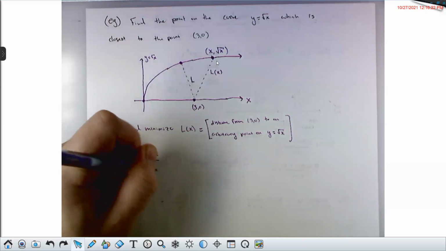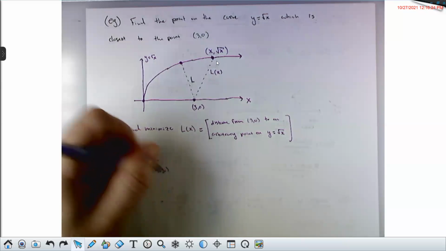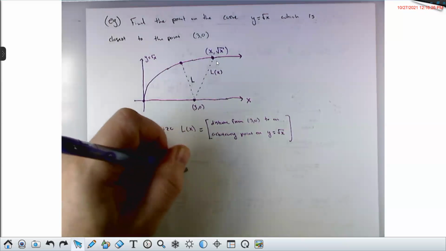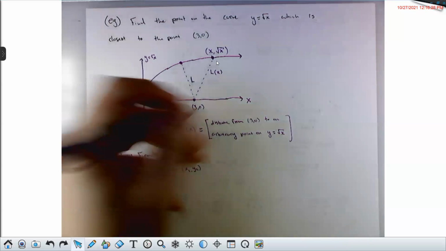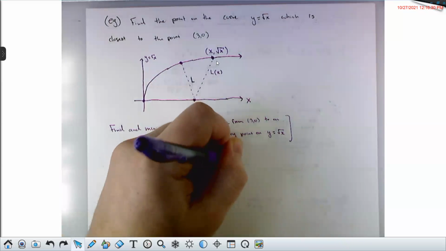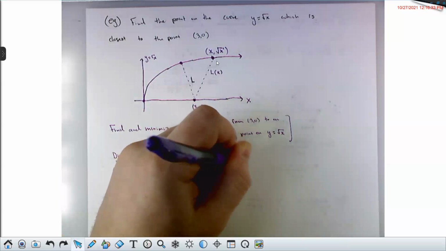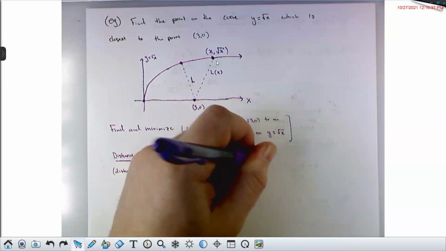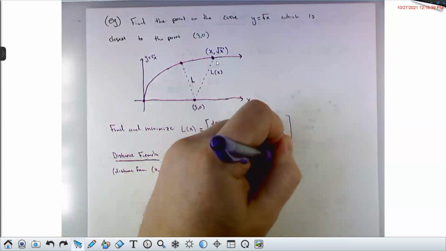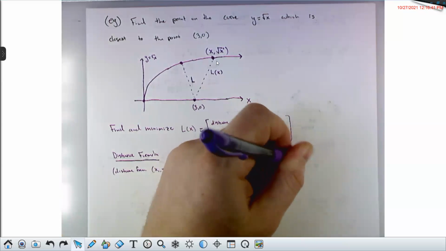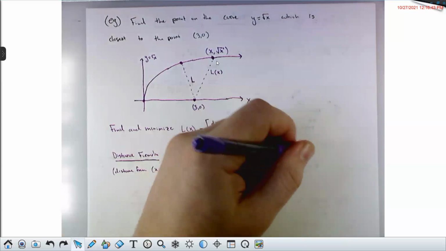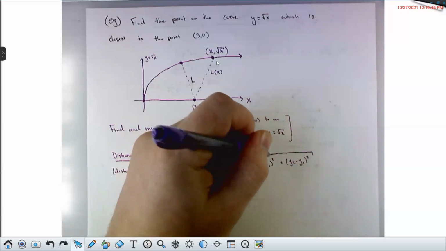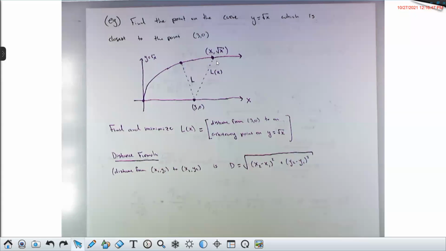So the distance from x1 comma y1 to x2 comma y2 is d equals the square root of x2 minus x1 squared plus y2 minus y1 squared. And that's what I'm going to use to get my function L.